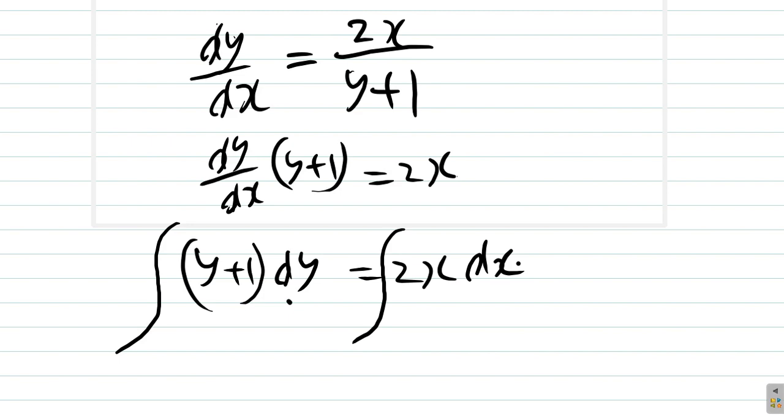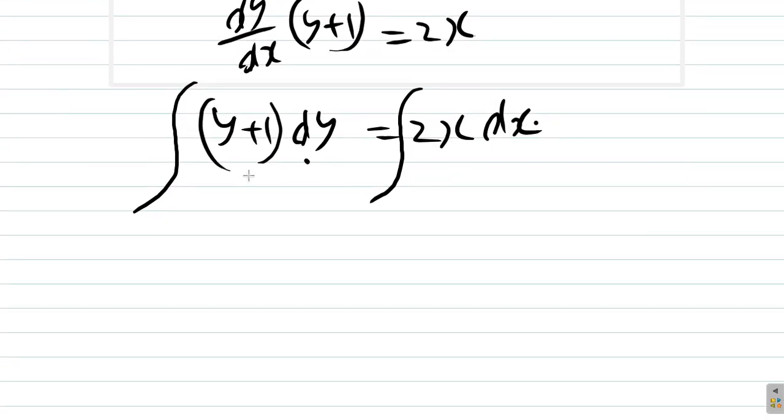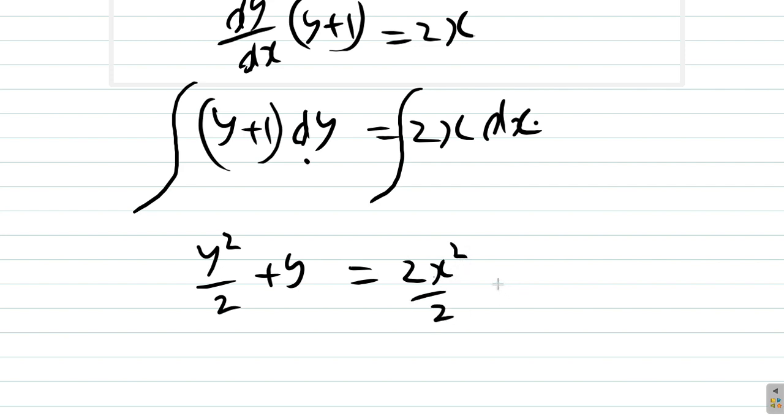So what do you get? Integrate y plus 1 with respect to y. You remember the power rule. You're going to have y squared over 2 plus y, equals, integral here is 2x squared over 2, then plus c. These 2's will cancel.